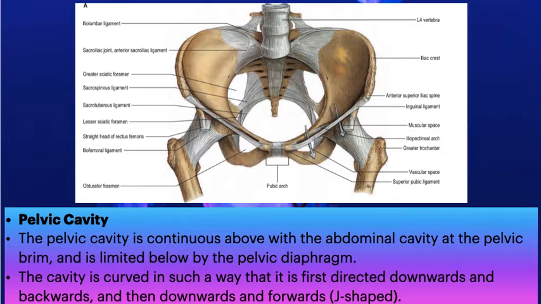The pelvic cavity is continuous above with the abdominal cavity at the pelvic brim and limited below by the pelvic diaphragm. The cavity is curved in such a way that it is directed downwards and backwards and then downwards and forwards, so it is roughly J-shaped.